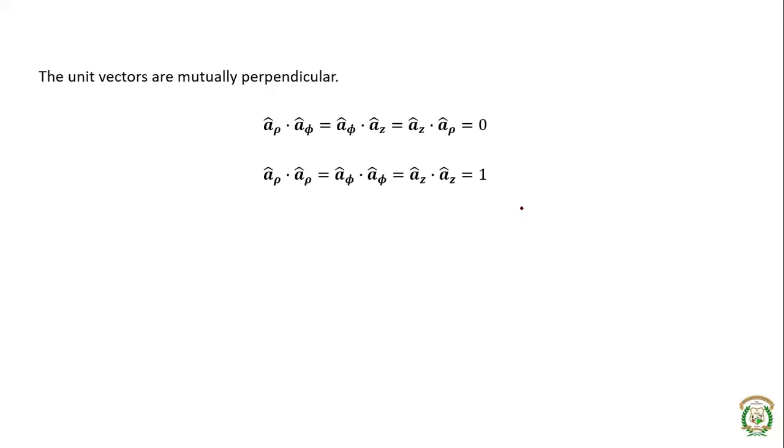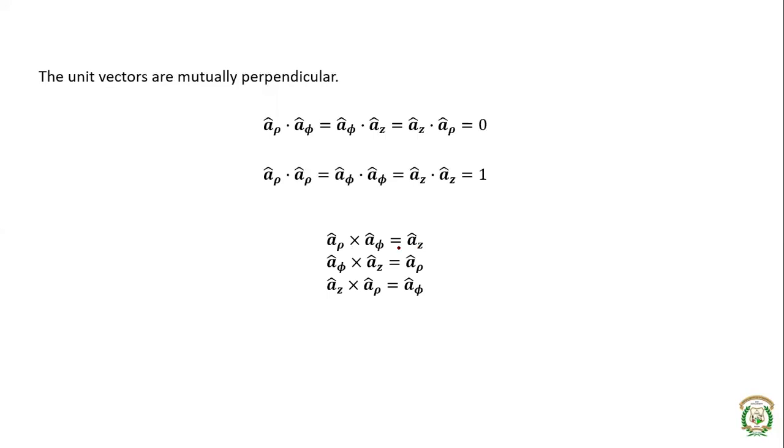The same rules hold good in all the coordinate systems, since even here the unit vectors are mutually perpendicular to each other. If you find the cross product of two vectors, the result will be another vector in the third direction.